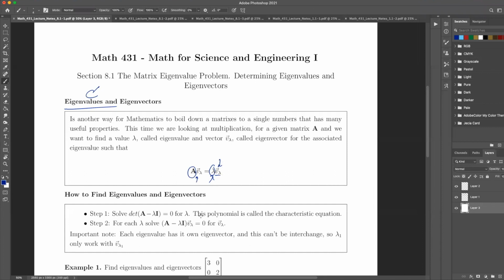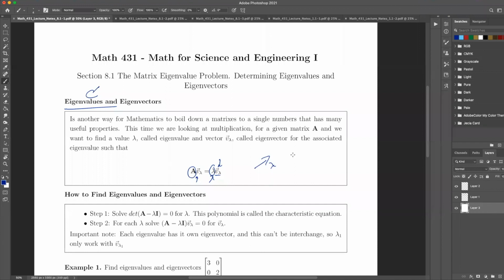But it's not any vector. These are called eigenvectors. Basically, what an eigenvalue and an eigenvector are is like if I multiply a vector in a very particular direction, it acts like a very particular number, lambda.